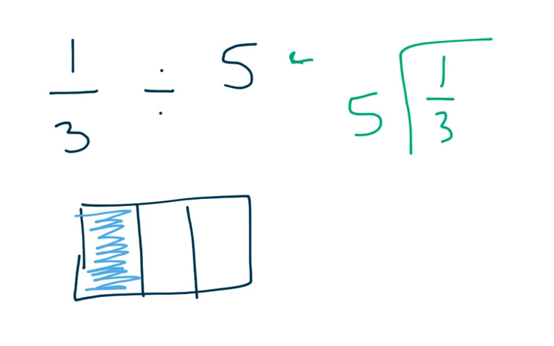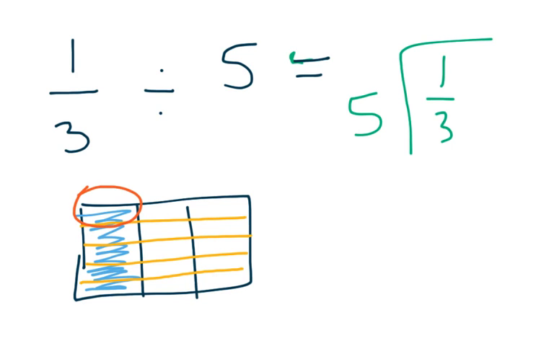I'll show you here. What color do I want to use? I'll use yellow. So we're going to break this into 5 equal pieces here. Let's see. See if I can do it. 2, 3, there's 4 and 5. Alright, so our answer, I'll show you where our answer is. Our answer is right here.